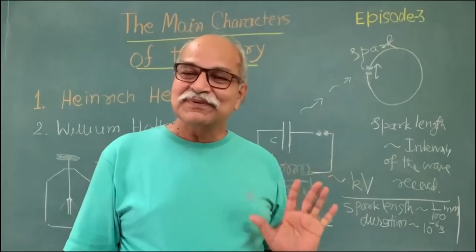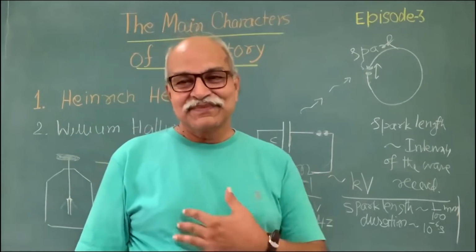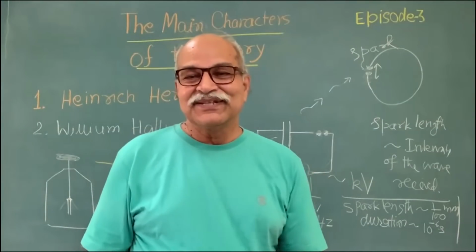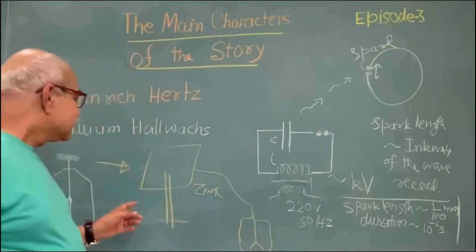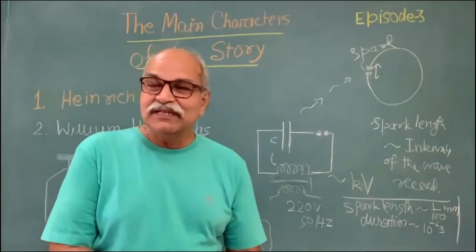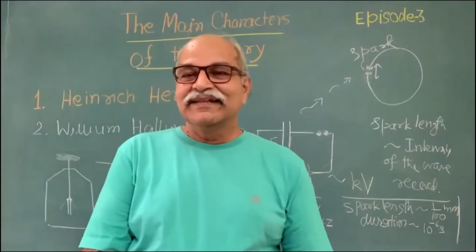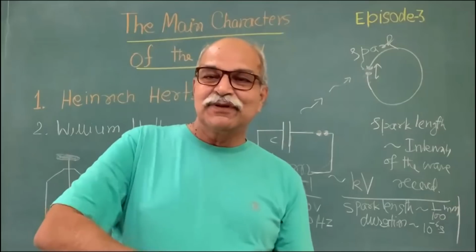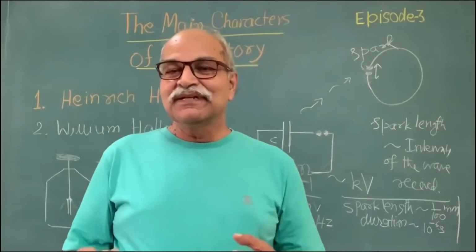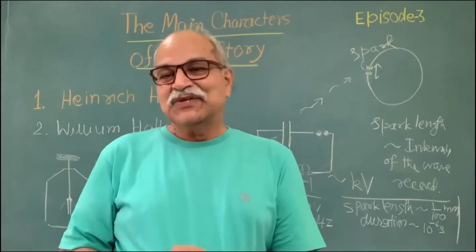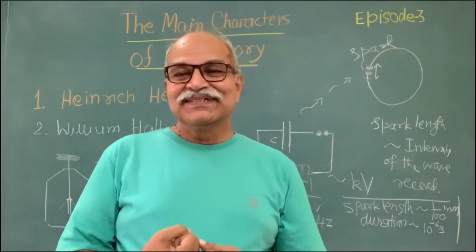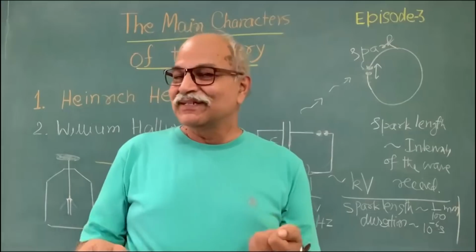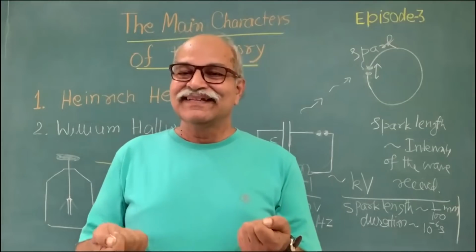We will talk about that in detail, but from today's knowledge, I am just talking of electrons. So when you rub two dissimilar materials, electrons are transferred from one to the other because of the different strengths with which they are bound to the atoms, and the two get charged, one positively and one negatively.